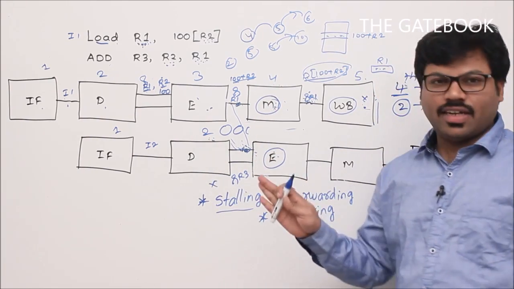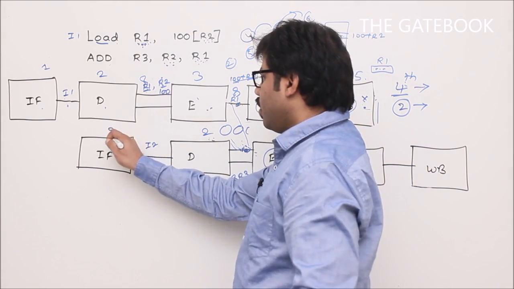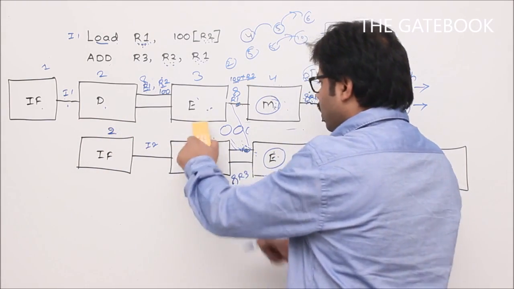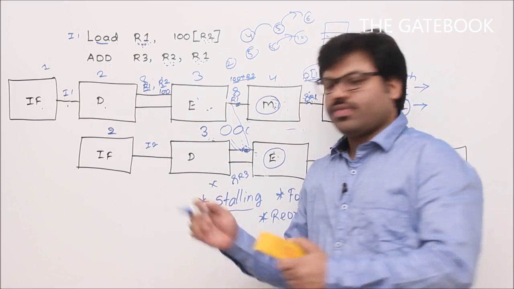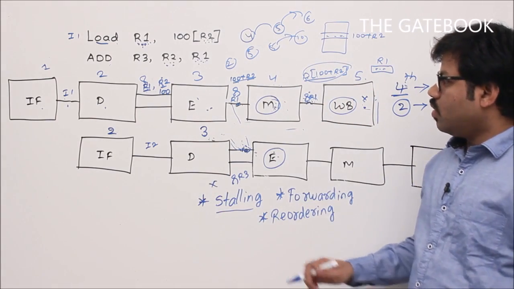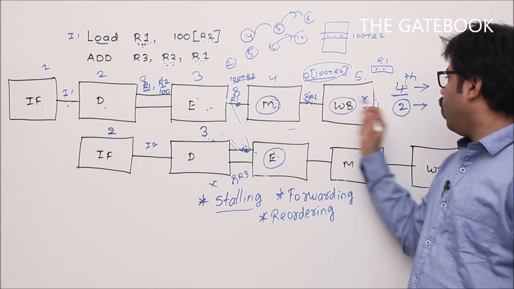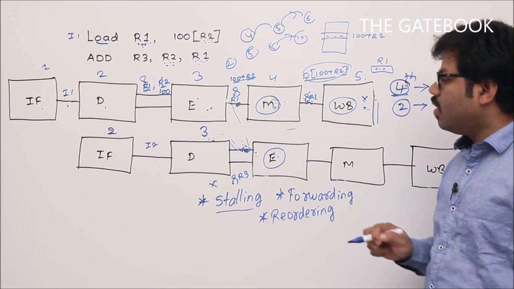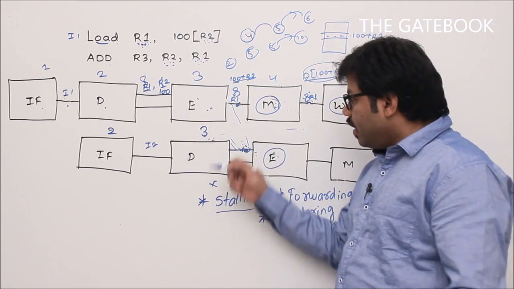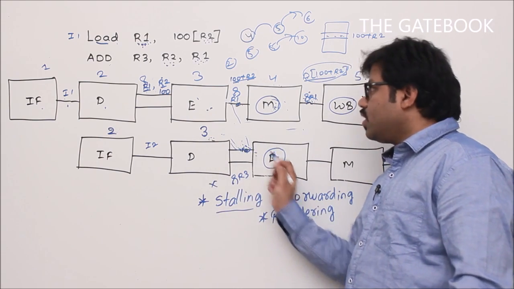There is a small correction actually. Here the time is 2, not 1, okay? 2nd clock cycle. This is the 3rd clock cycle. So finally, the earliest time the data will be available is after the 4th clock cycle. This is correct. But the earliest time you require data is after the 3rd clock cycle, because you want to execute the addition.